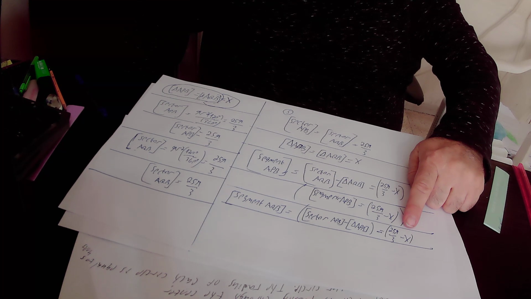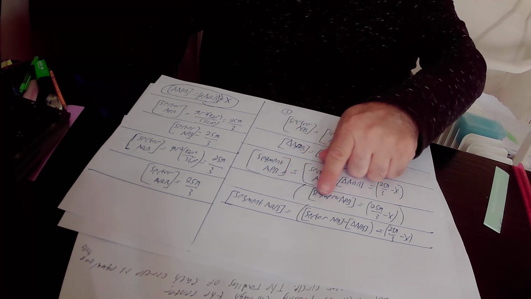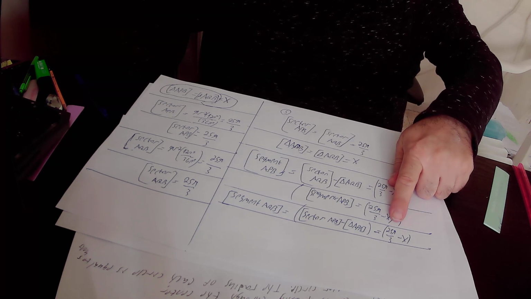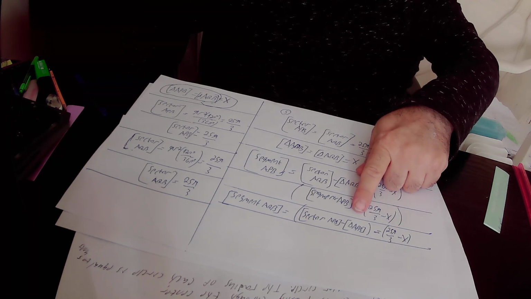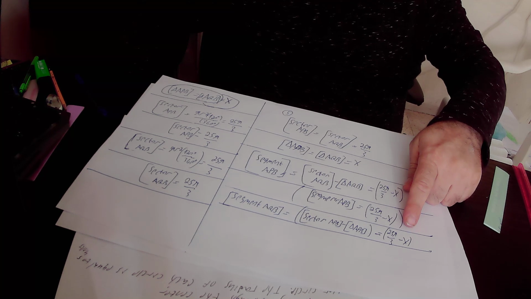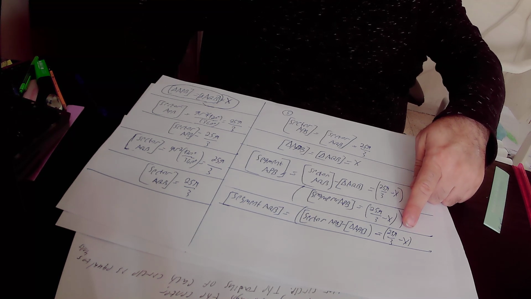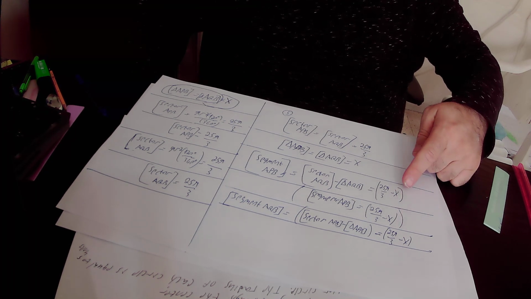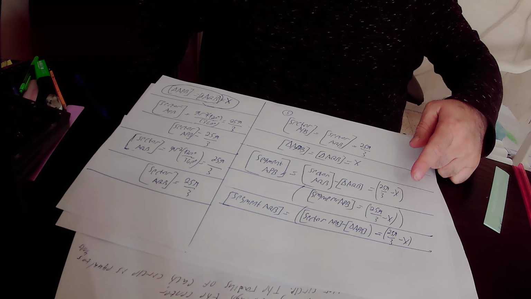Okay? Why? Because the area of segment AQB equals the area of sector APB, that is 25 pi over 3, minus the area of triangle APB, which is x. So in conclusion, the area of segment AQB equals 25 pi over 3 minus x, exactly as the area of segment APB.